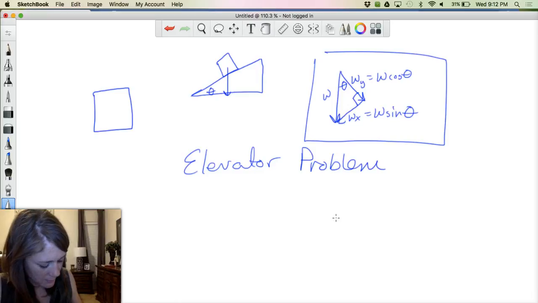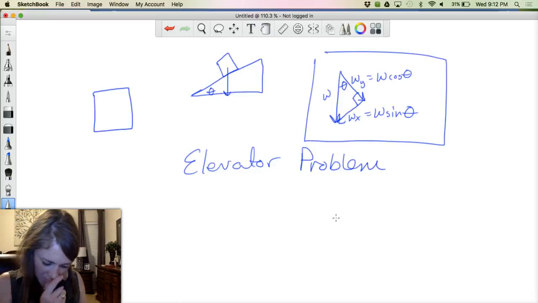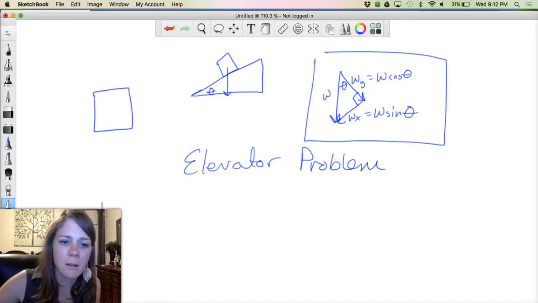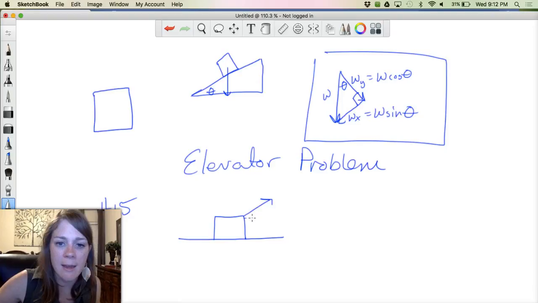Make sure you understand a problem like number 15 on the test, where you have the force at an angle, like that right there.